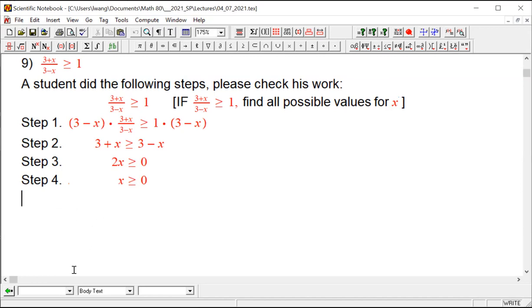I want to hear your comments. You can put it on the chat. Which step is right, which step is wrong?